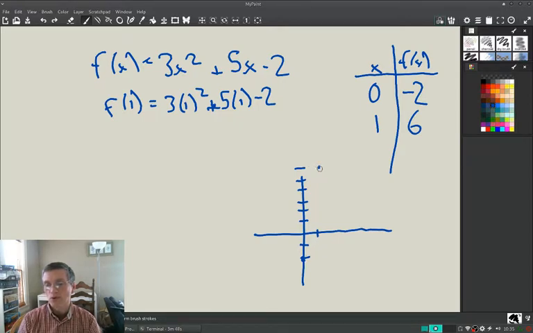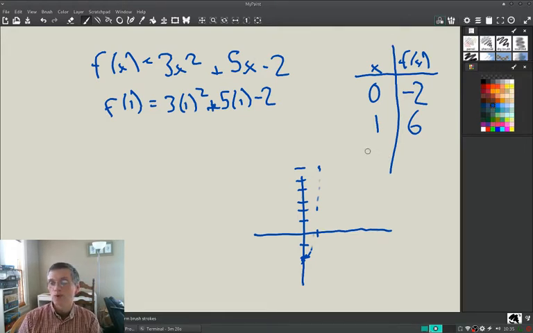We have the point (1, 6). So this is very steep here. I should have maybe drawn at a different scale. So you know it comes up this way. Well, we don't know where it turns. Somewhere down here is the vertex. We don't know where it is. Let's see, at 1 we're already at 6.